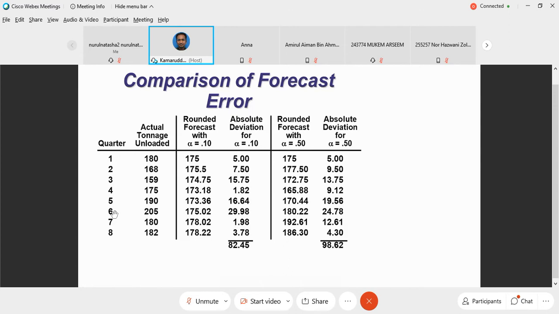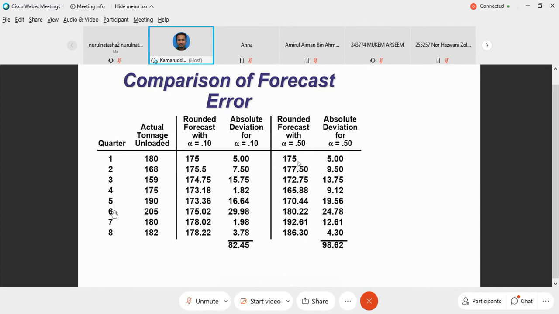But to determine the mean absolute deviation, we need to identify the absolute deviation, where we ignore the negative sign. So we assume that all the values of absolute deviation will be positive. Here, we total up all the absolute deviations and we have 82.45.